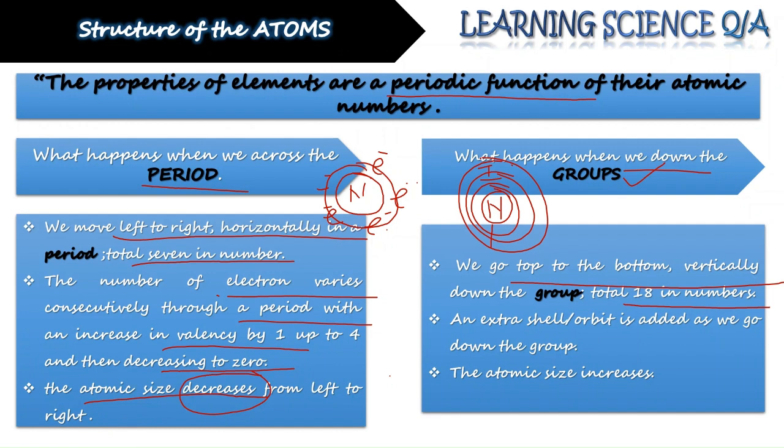It is the same. If you have one electron in the outermost shell, the number will be the same, but an extra shell will be added as we go down the group, and this will increase the atomic radius. This will increase the atomic size, and hence the least attraction will be experienced by the outermost electron. So this is how period and group affect the atomic size and also the addition or removal of the electron.